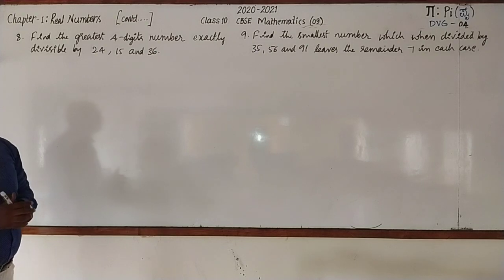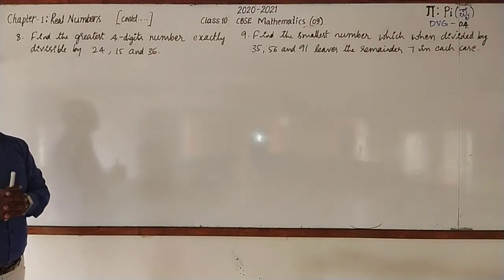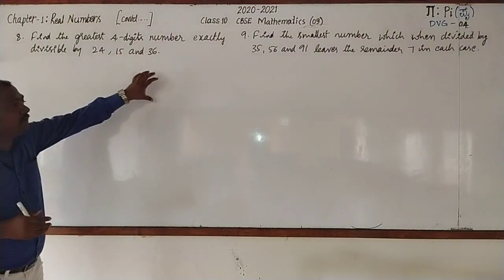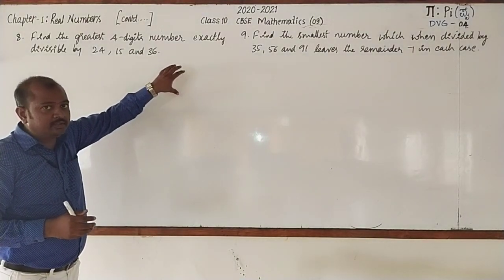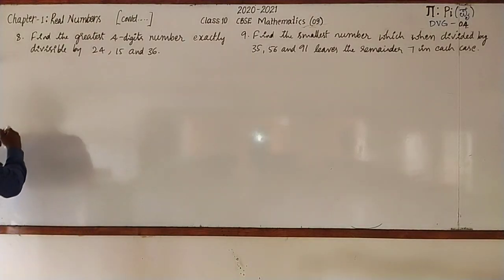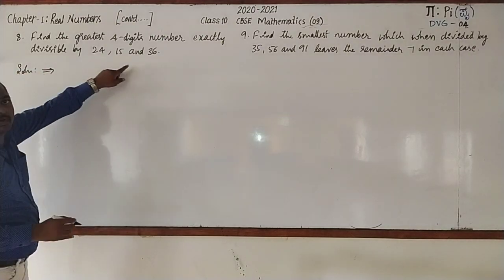Then how do you go about finding it? Whether you go for HCF or LCM. Yes, when you take the LCM, you will get a number and that number is divisible by these three. Let's go for that. Here, I'll take the LCM of these.